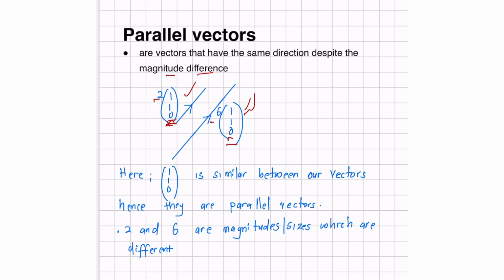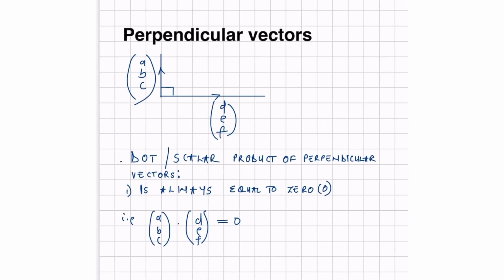Now we've got the concept of what we call perpendicular vectors. When things are perpendicular, it means that they form a right angle or they meet at a right angle, which means a 90-degree angle, which is this one here. So the rule is that the dot product of perpendicular vectors is always equal to 0.